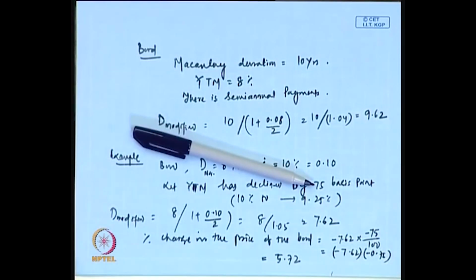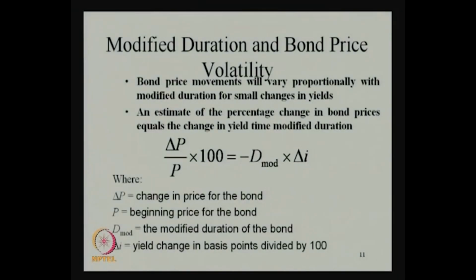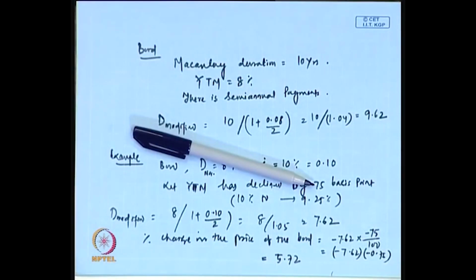So this indicates that the price should increase by approximately 5.72% in response to the 75 basis point decline of the yield to maturity.